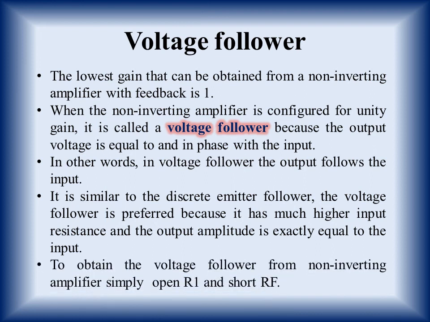Now how do we make a voltage follower? To obtain the voltage follower from non-inverting amplifier, we simply open R1 and short RF. Now we'll go through the diagram of the voltage follower, how it is made.